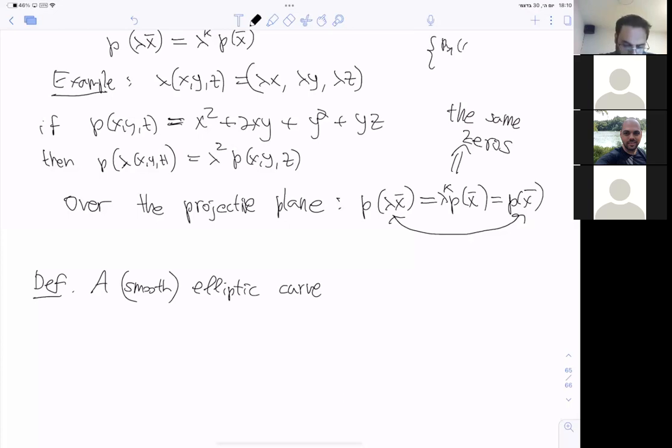So you have P1 is 0 and P2 is 0, for example. Now, if these polynomials are homogeneous, you can always take out this lambda, and it doesn't affect the answers. So it corresponds to our projective plane, because for us, x and lambda x are the same thing.